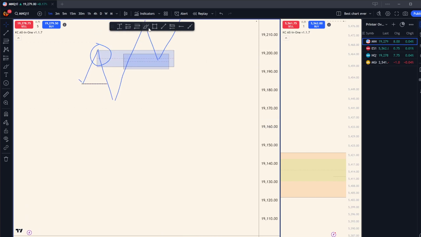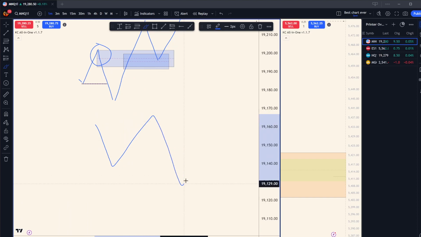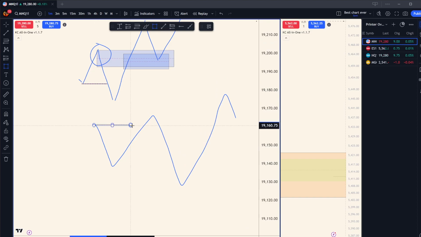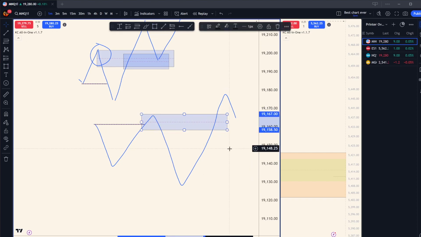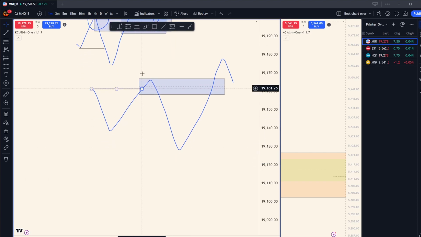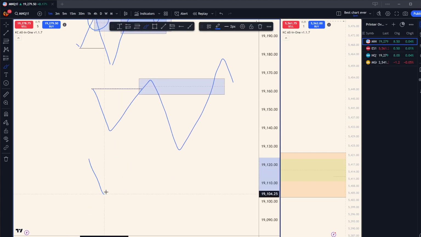Why? Because breakers, the difference is that they also sweep liquidity. So let's do this like that. Let's say this was a high. This high was swept, and that made the order block. Then it became invalidated, so this became a breaker. But what if it was like this instead? You can see the difference.